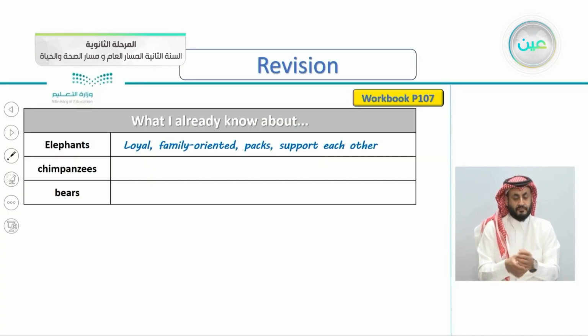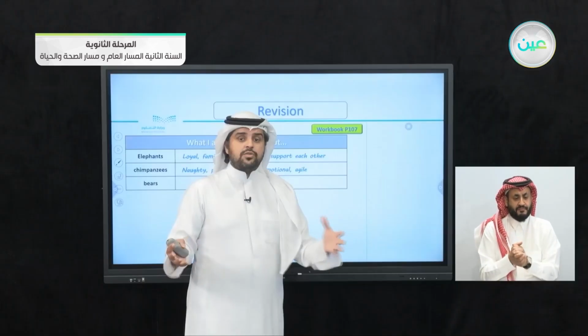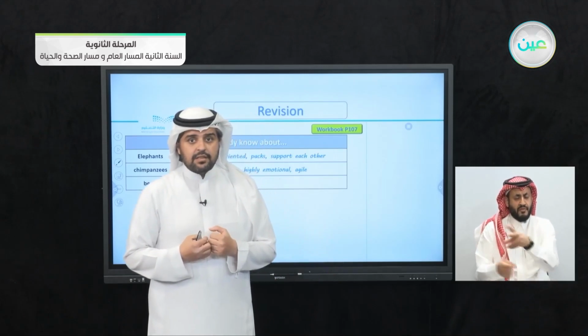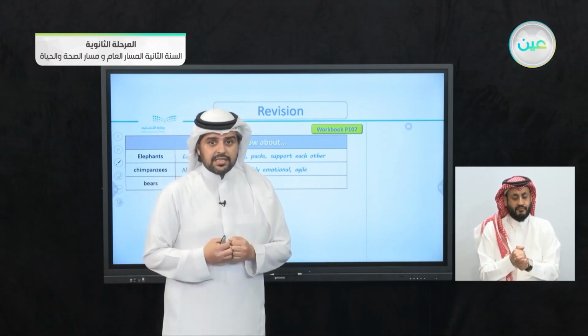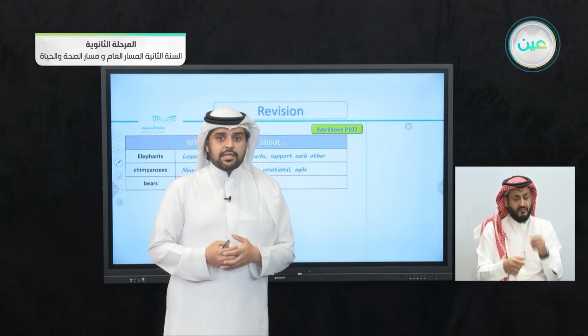Moving on to chimpanzees. So what do you know about chimpanzees? So let's see what I have written here. They are naughty. They are possessive. They want to possess things. Every time you go to the zoo and you see the chimpanzees, you'll see them stretching their hands.